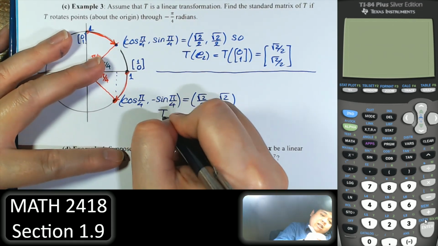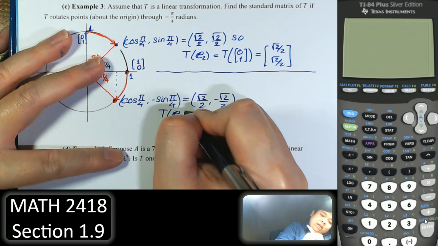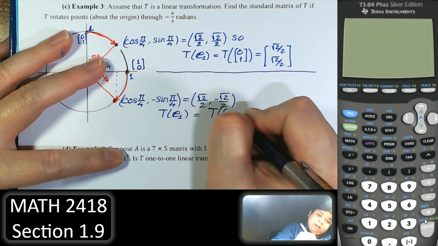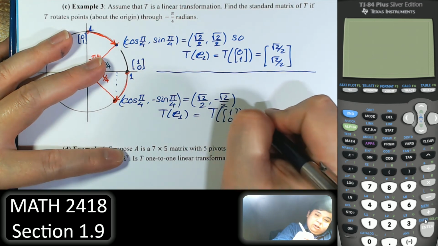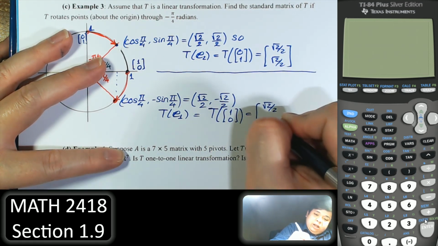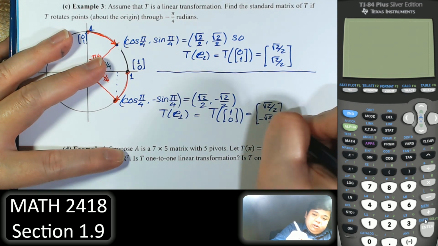So with that, the transformation of E1, the transformation of 1, 0, will be square root of 2 over 2, negative square root of 2 over 2.